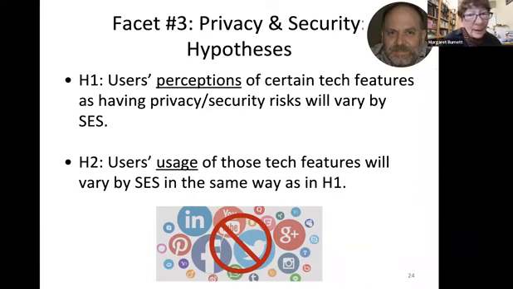You see these all the time on various websites asking you that. Lower SES people statistically would be less likely to be okay with that than higher SES people. Another hypothesis: users' usage of those very tech features will vary by SES in the same way as in H1. This is their perceptions; this is the usage that comes out of those perceptions.